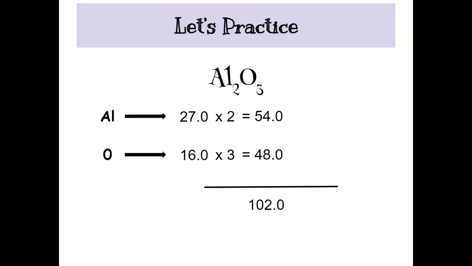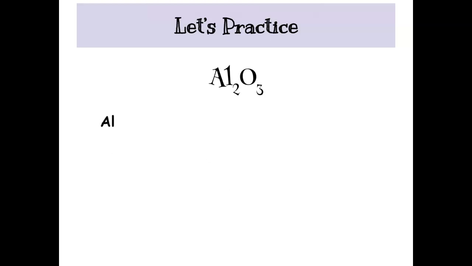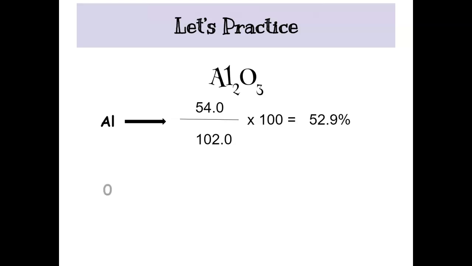So 102 grams is the number we use for the bottom of the fraction. Okay, so now let's calculate. So 2 atoms of aluminum is 54 grams, that's the molar mass, divided by 102 times 100 is 52.9%. So 52.9% of the compound is aluminum.